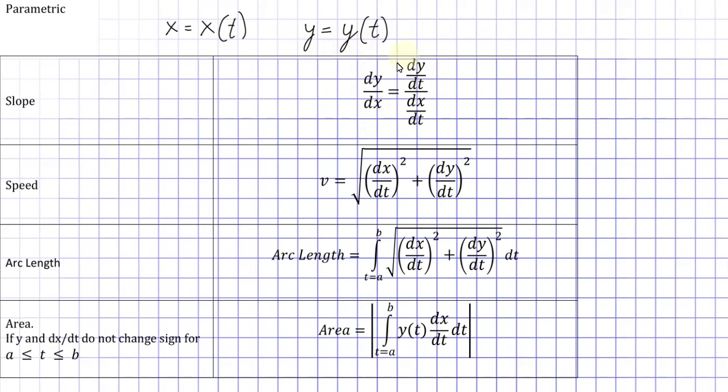And that is how we will get the derivative of y with respect to t in the numerator and x prime, derivative of x with respect to t in the denominator. So to calculate slope in parametric settings, just calculate two derivatives, y with respect to t and x with respect to t, and calculate the ratio of those. We're done with the slope in parametric system.